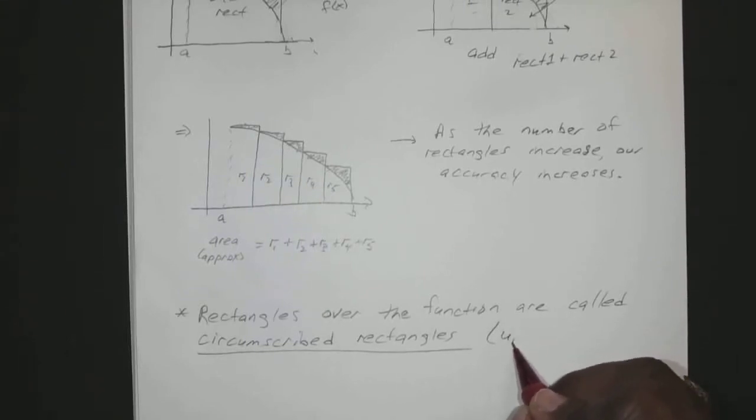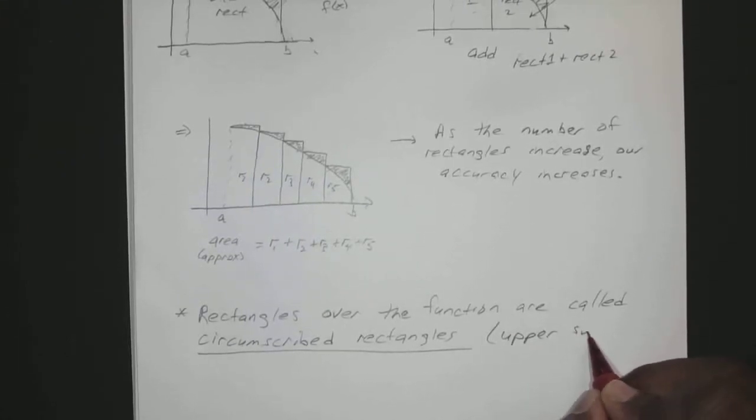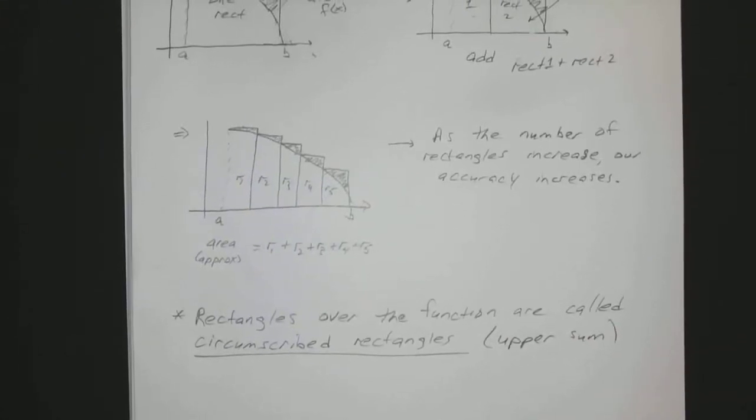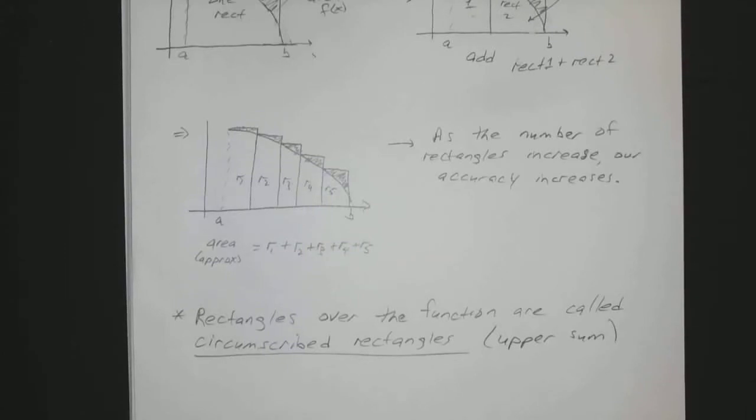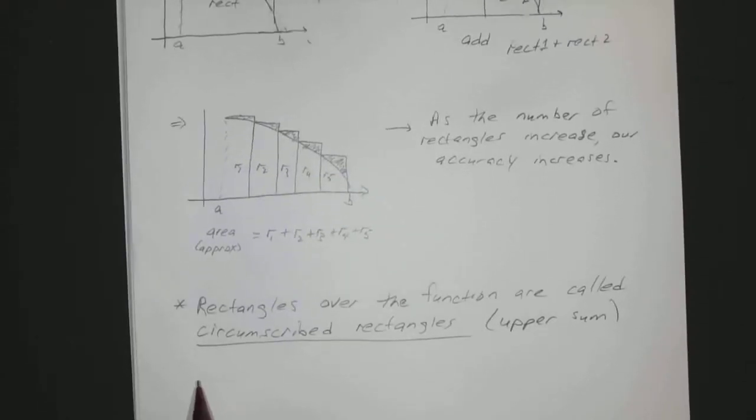And they would represent your upper sum. So they'll always give you just a little bit more than the actual area. Okay.